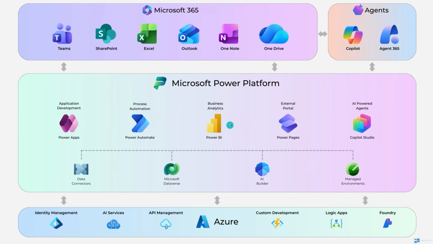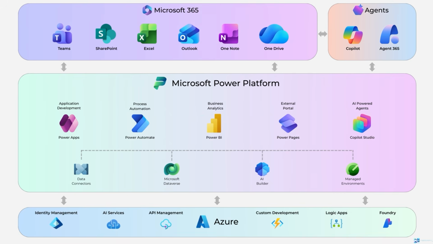Then Power BI, as I'm sure you've heard of, is used for business analytics. So if you think of reporting or anything like that, to really visualize your data, Power BI is the place to go. And then we've got Power Pages, which I would say is the least low-code tool out of this low-code platform. What Power Pages gives you the ability to do, which is unique to all of these other platforms, is expose your internal data externally.